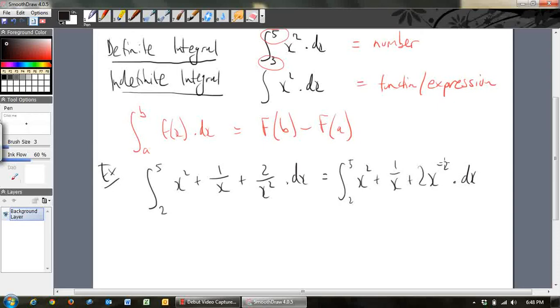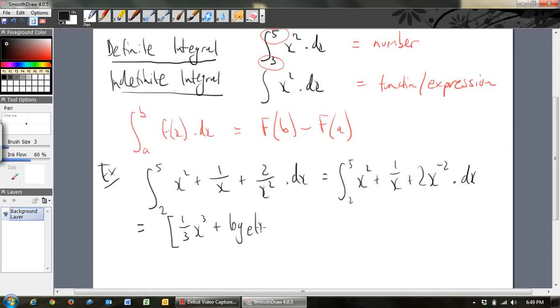If we write them as powers rather than fractions, it just makes it a little bit easier to integrate. When we perform the anti-differentiation, we put these little square brackets and then write the anti-differential in there. So x squared becomes 1/3 x cubed. What's the integral of 1 over x?